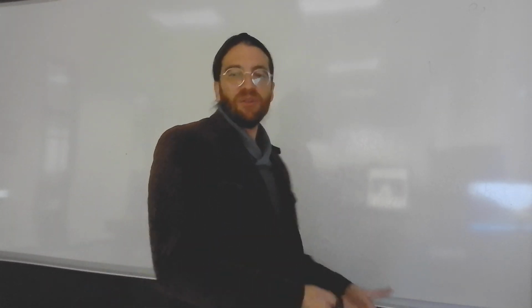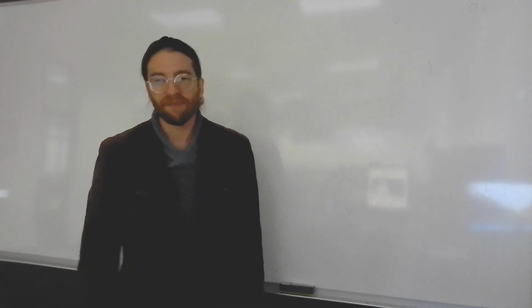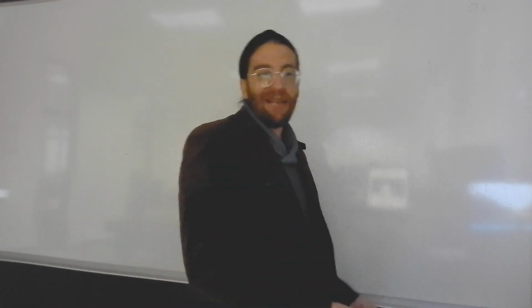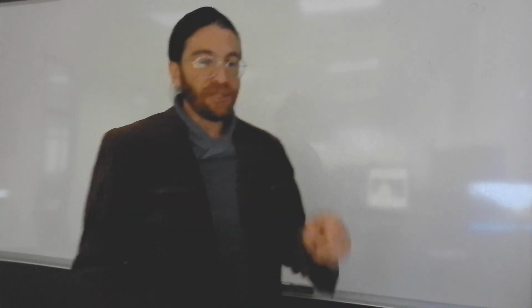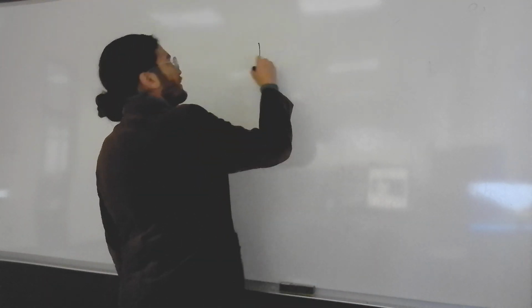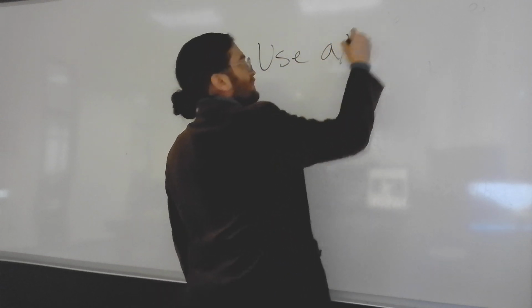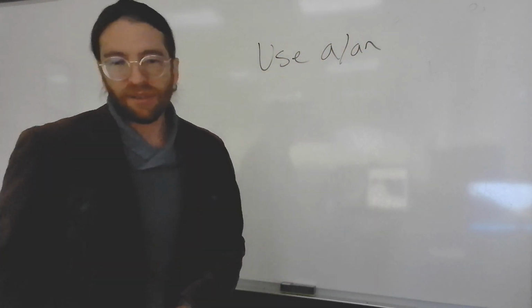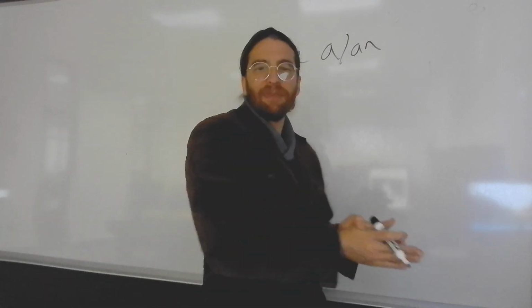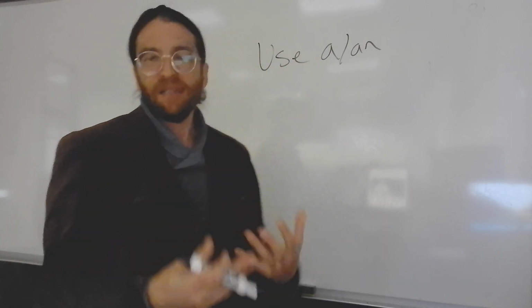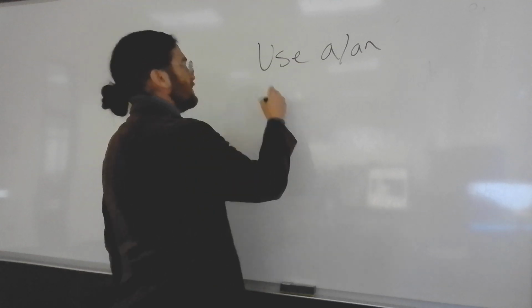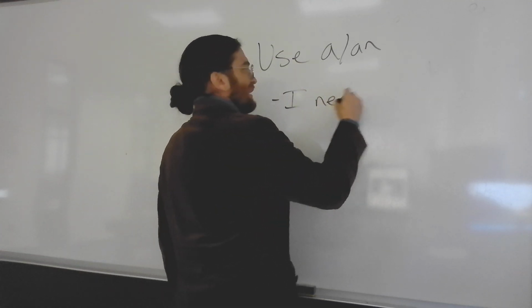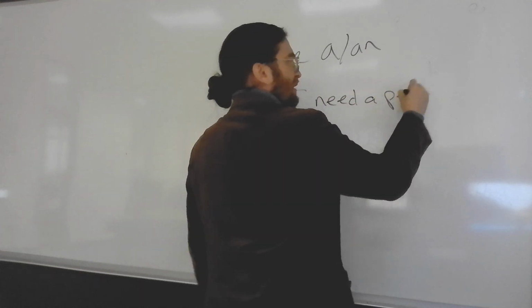Let's talk about when to use articles. When to use a, an, or the. Well, we use a or an when we're talking about non-specific nouns. For example, I need a pen.